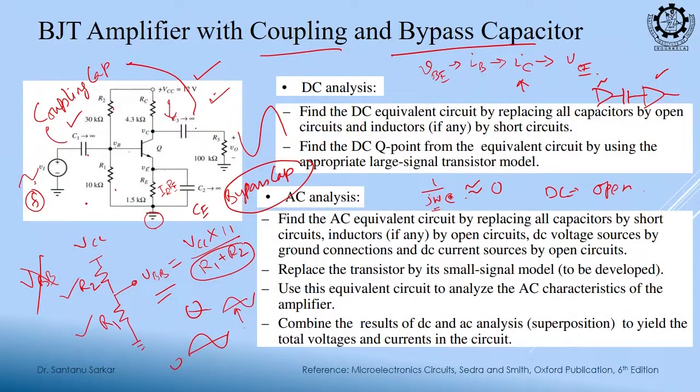Why? Because DC is already defined, I do not want to disturb it. My purpose is just to connect the AC signal, and the bypass cap is to bypass the IE-RE drop and get it to 0. Okay. So, we will stop here and we will start from this in the next class.